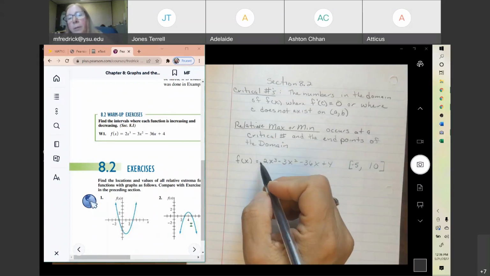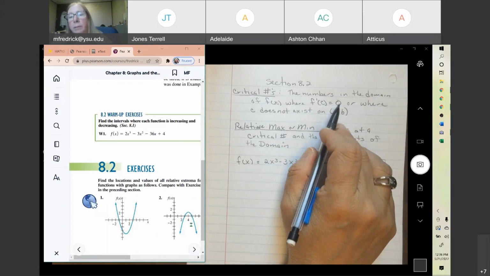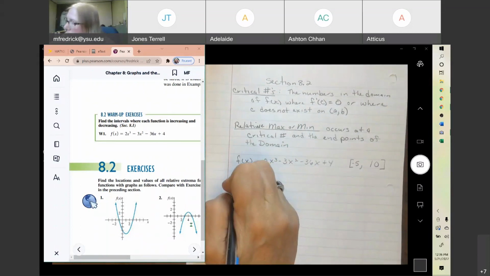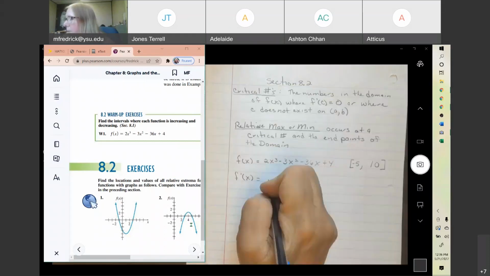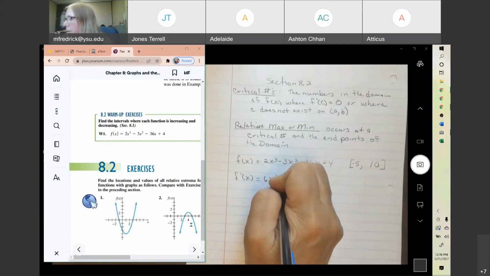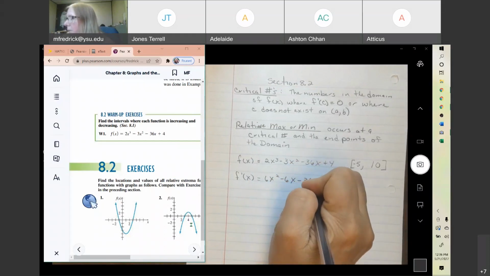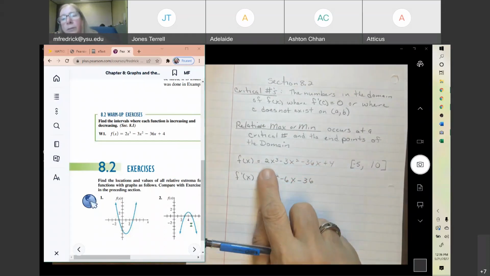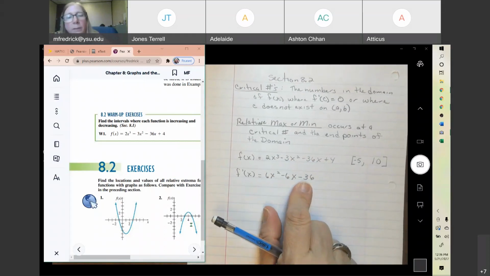If we want to find our critical numbers, you take the derivative and set equal to 0. Two times 3 is 6x squared minus 6x minus 36. So if I took the derivative of this, I would get this. Any questions on the derivative?